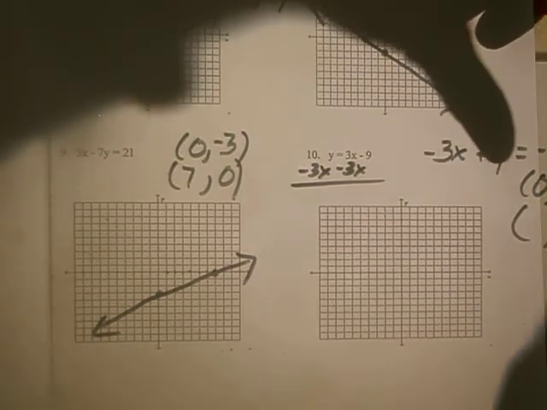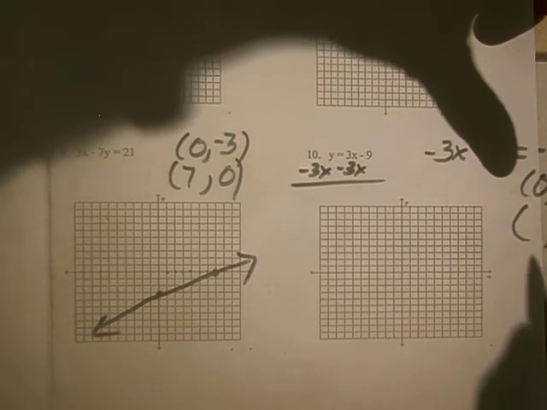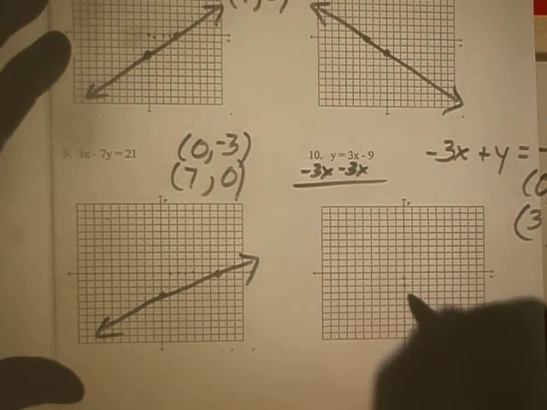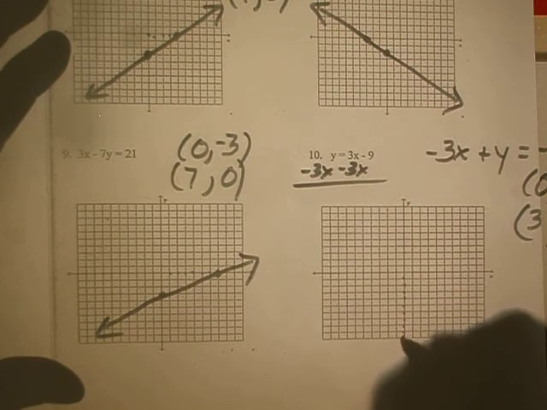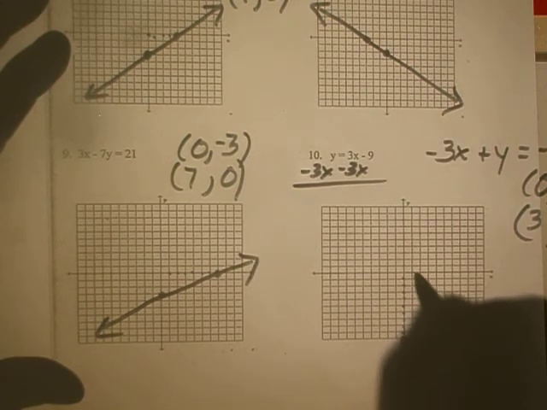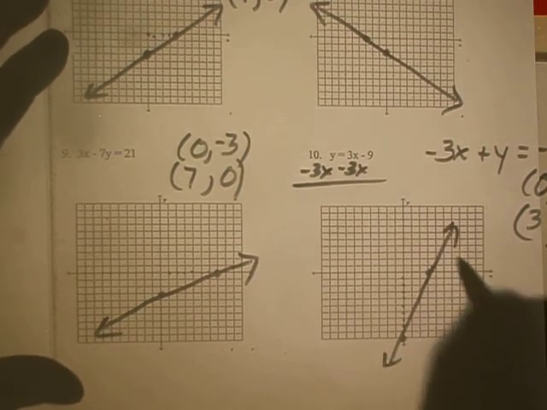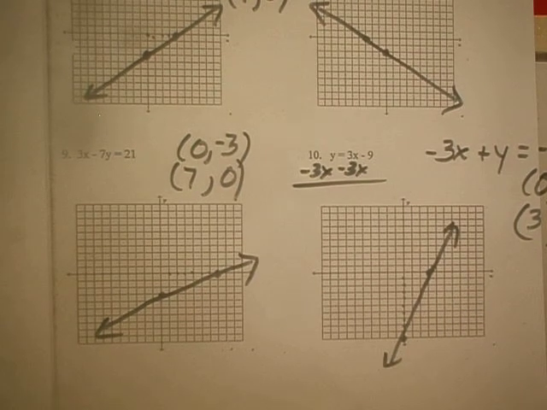And if y is 0, -9 divided by -3 is 3. So you will have (0, -9), and then (3, 0), and your line goes through right there.